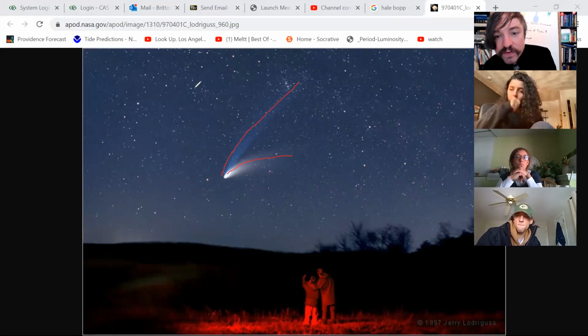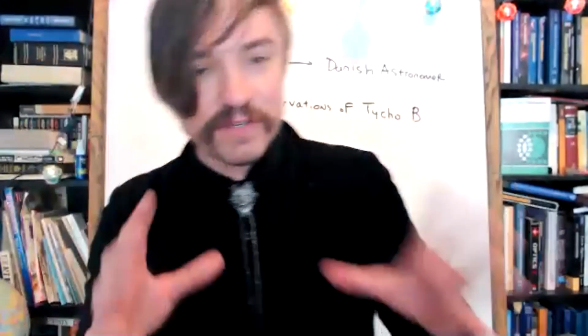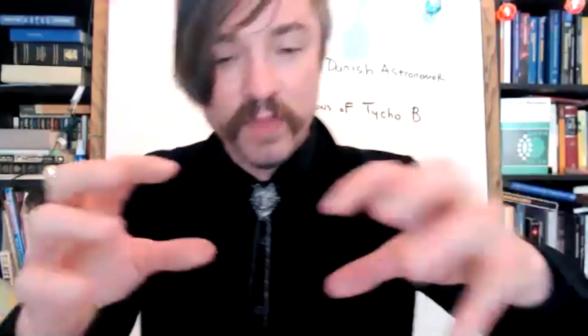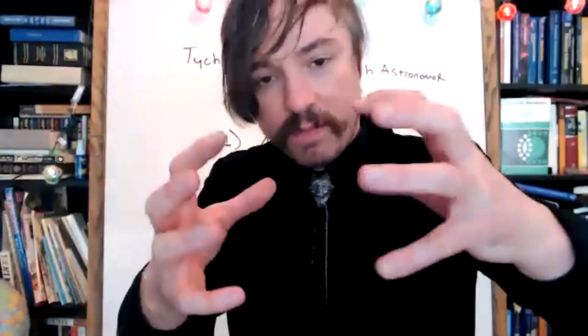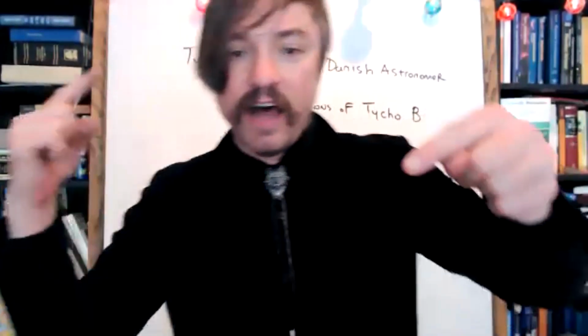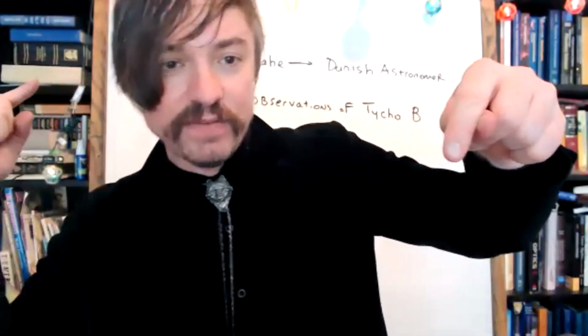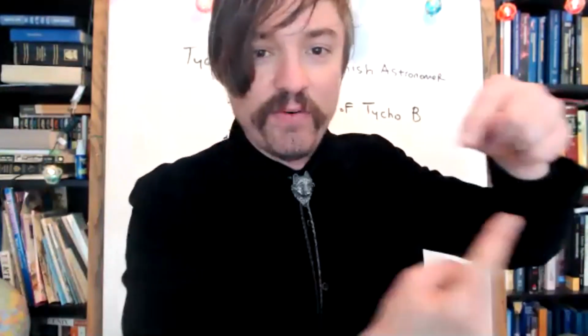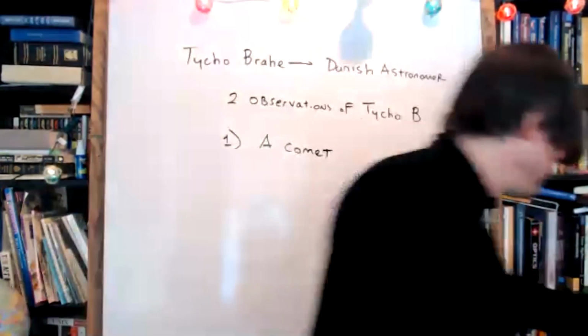One of the first times I ever observed a comet as a professional astronomer was years ago when I first got this job. This comet kind of showed up out of nowhere that no one had seen before, called Comet Holmes. And I don't know if you know how these work, but a comet is basically a big lump of rock and ice. It's on a super, super elliptical orbit that brings it from the edge of the solar system inside the orbit of Earth, really close to the sun.